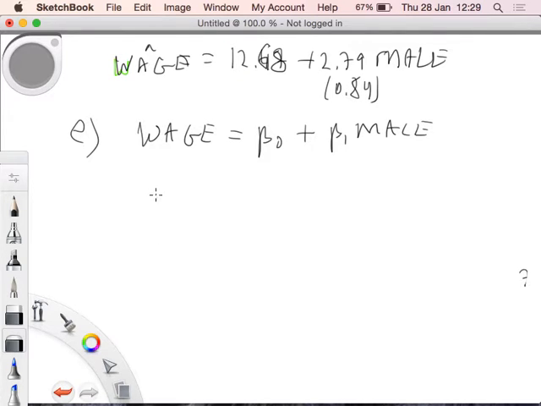So we can rewrite male as a function of female in this form. If male takes a value 0, then when the person is female, female would be 1, so male will be 0, and otherwise male will be 1.